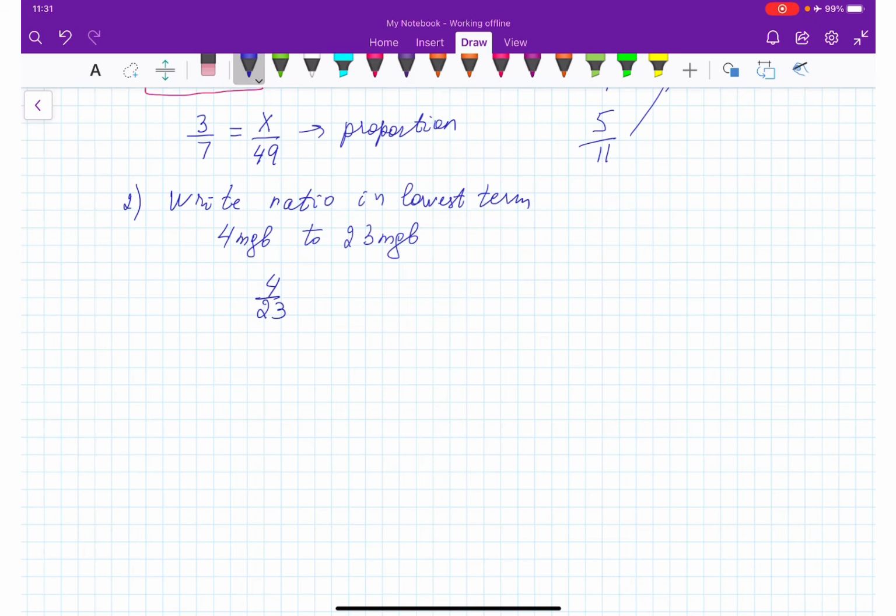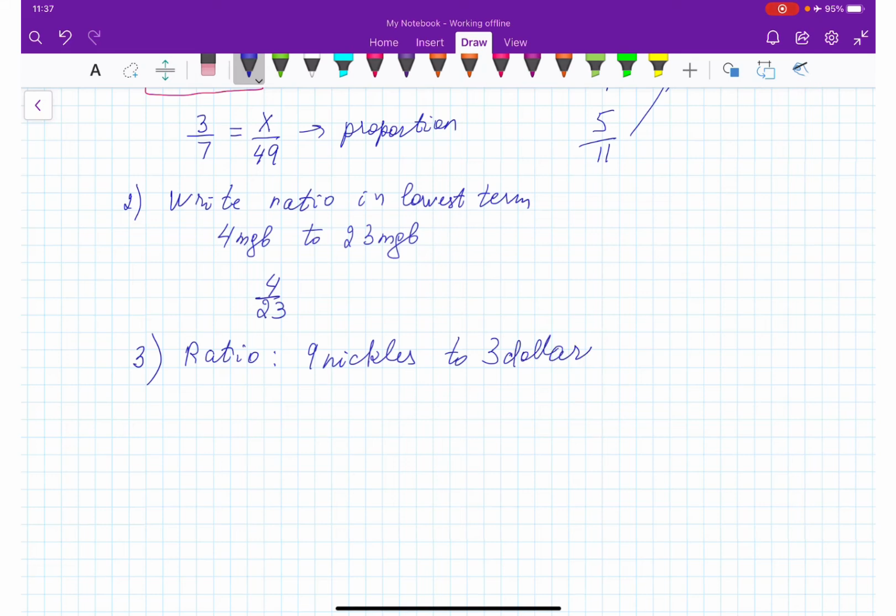Question number 3. Write the ratio in fractional notation in lowest term. So we need to write the ratio. 9 nickels to $3.